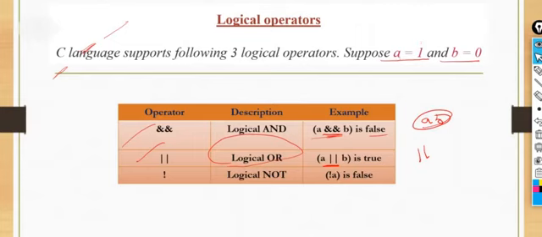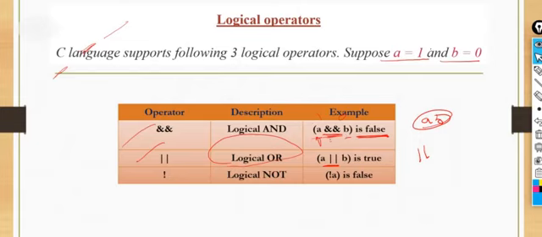We have considered the value of A as 1 and B as 0. 1 is for true, 0 is for false. So 1 true, 0 false means the answer is false for the AND operator. Why is it so? Because for the AND operator both must be true. If one of them is false, then the resulting value will be false itself.